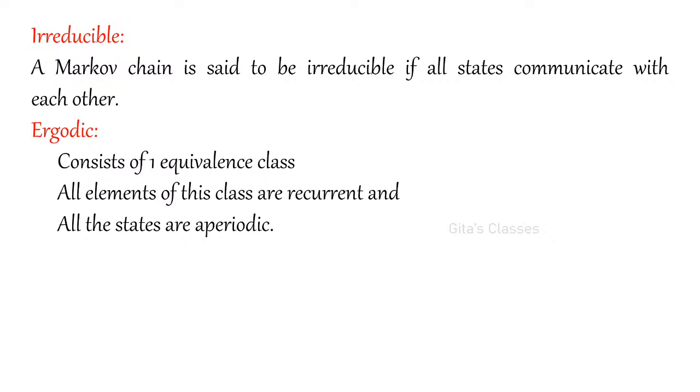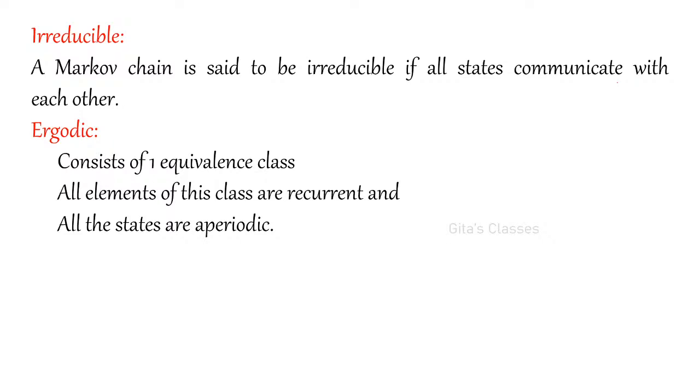From any state you should be able to reach all the other states, then it is irreducible, otherwise it is reducible. And ergodic means it consists of one equivalence class, all elements of this class are recurrent and all the states are aperiodic. Just now we have seen all these definitions.